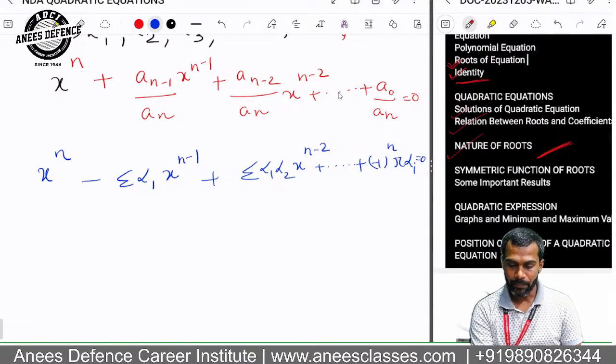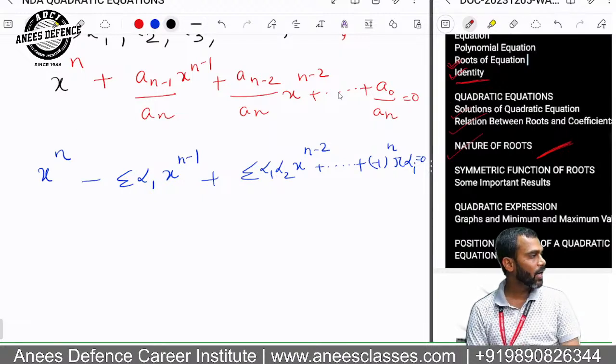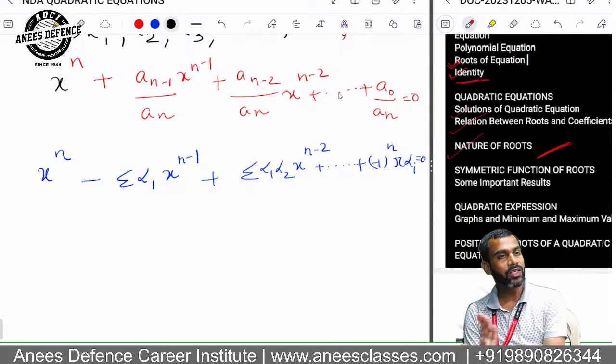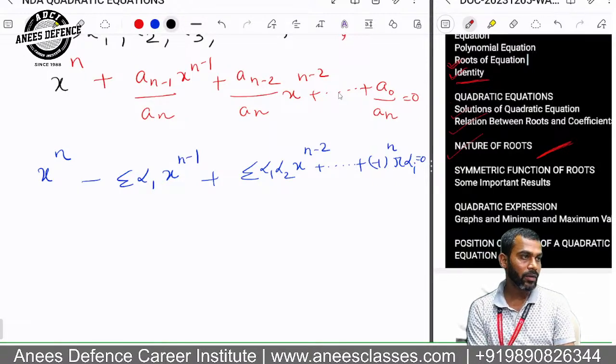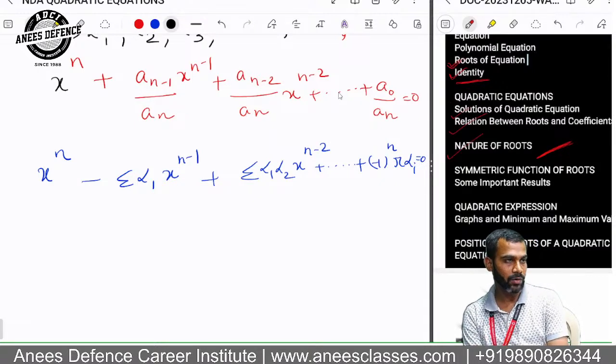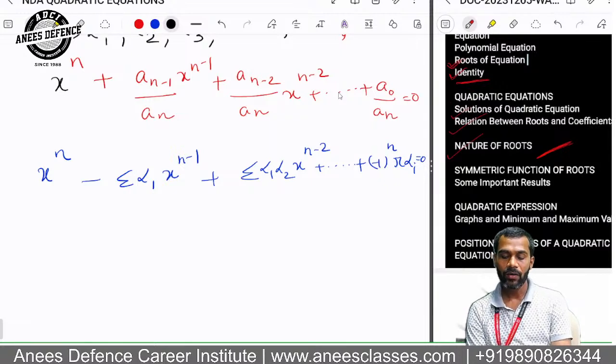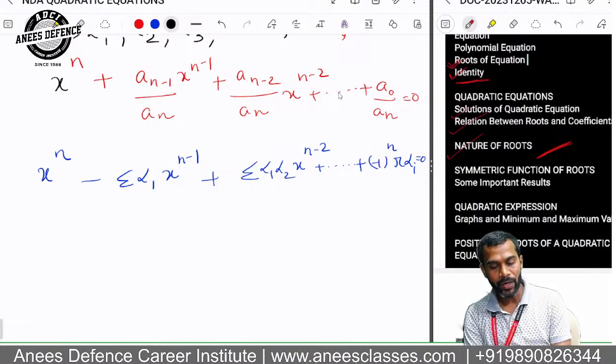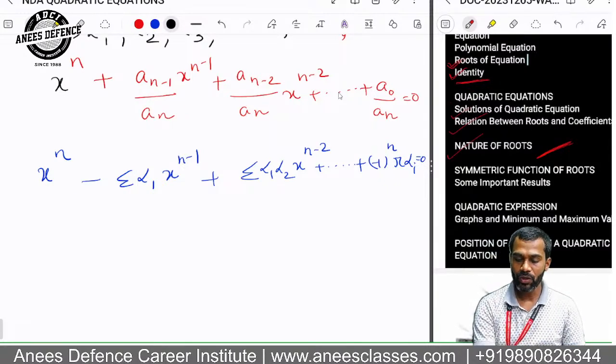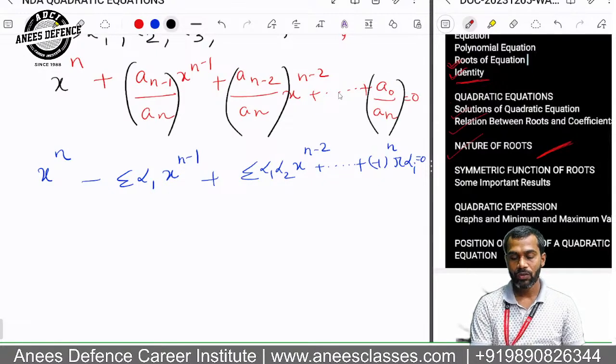So if you see, these two equations are identical. Why? The first equation has degree n and roots alpha 1 alpha 2 up to alpha n, and the second equation also has n roots, alpha 1 alpha 2 up to alpha n, and degree n. So can we compare the coefficients of both the equations directly? Yes or no?